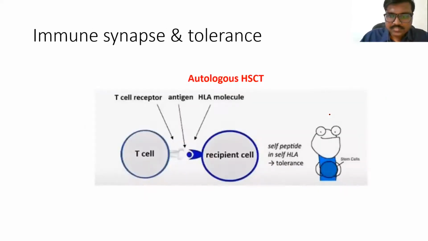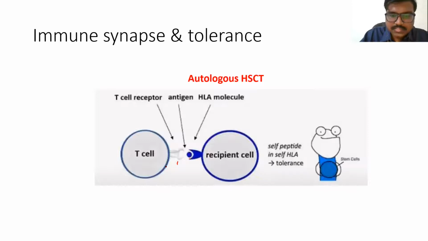Before we understand what is graft versus tumor and graft versus host disease, the immune synapse is something which is formed by the T cell receptor and the antigen presenting cell, and the recipient cell bearing the antigenic peptide in its MHC molecule. This is the immune synapse.